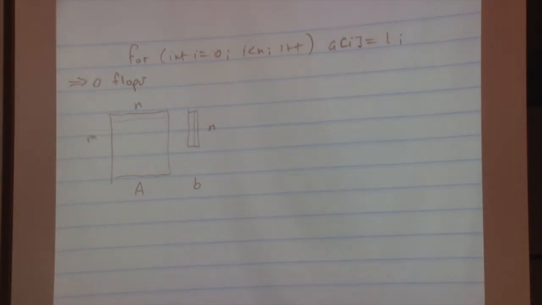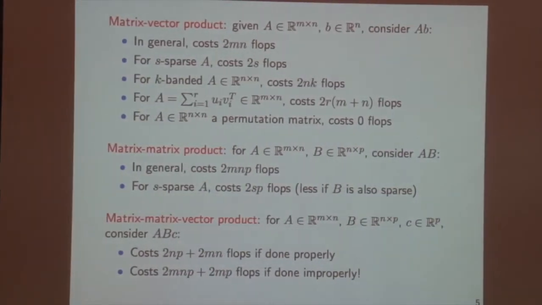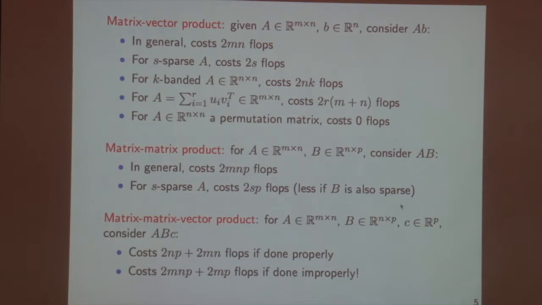If A is sparse, there is a very nice property of sparse matrices. You can convince yourself it takes something like 2s flops, where s is the number of non-zero elements in A. You can remember that by thinking about the general case, where it takes 2mn flops. m times n is generically the number of entries in A if A was dense. When A is sparse, we replace that m times n with s.